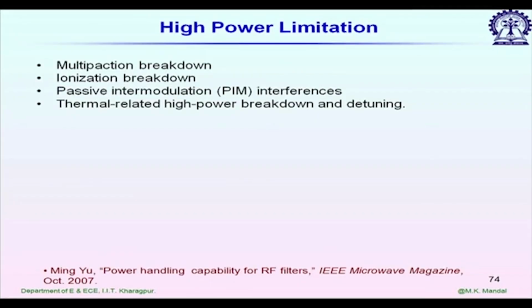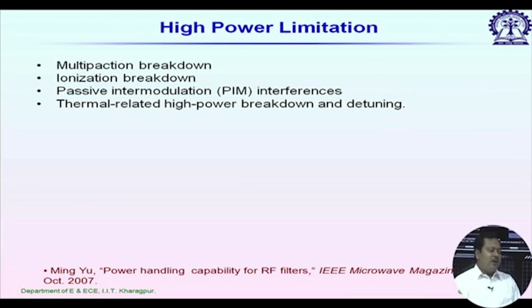So, next one is thermal related high power breakdown and detuning. If we change temperature, then we have seen that the dielectric constant is a function of temperature, and its epsilon r will change. So, the operating frequency of the component will also change.